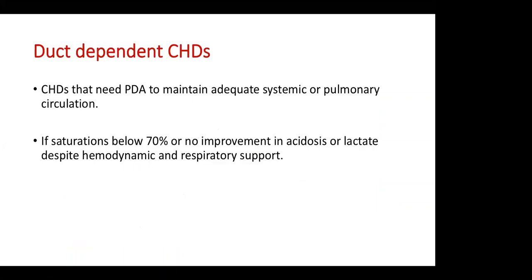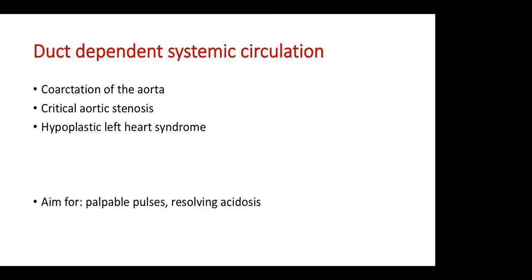So what is duct-dependent congenital heart disease? It's the congenital heart disease that needs a PDA to maintain adequate systemic or pulmonary circulation. So if you have a saturation below 70 with no improvement in acidosis or lactate, despite hemodynamic support or respiratory support, these type of patients are duct dependent, and you need to start prostaglandin to help them.